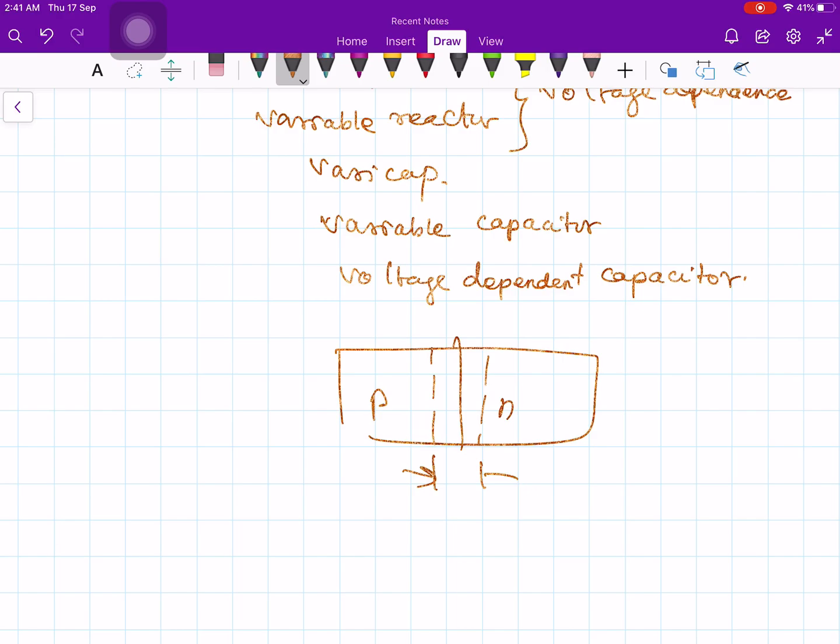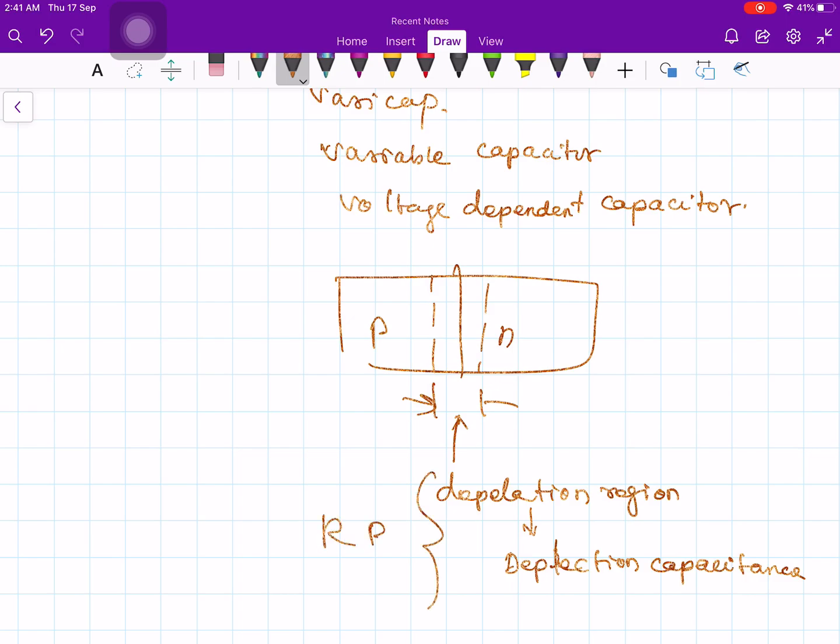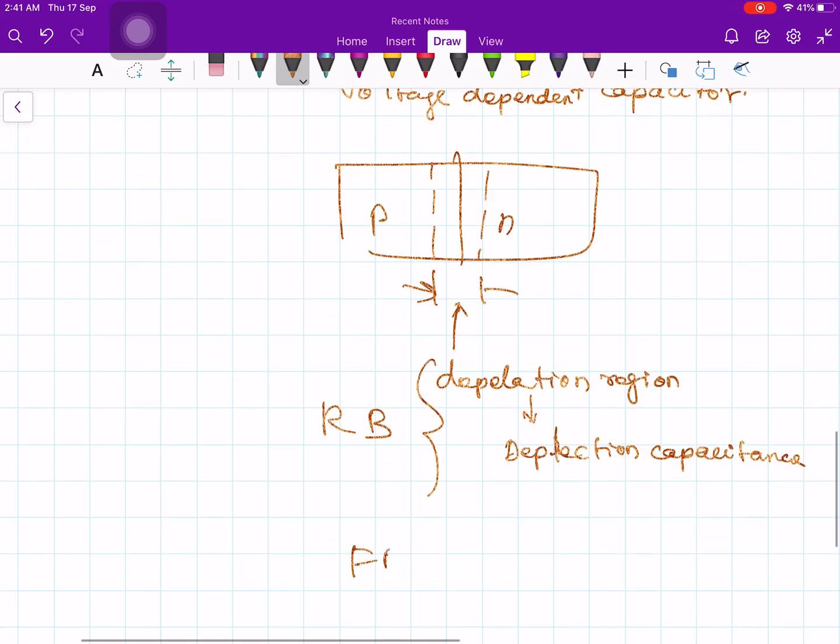Recall from your devices. This capacitance occurs in reverse bias. If you forward bias, then you have something called a diffusion capacitance.